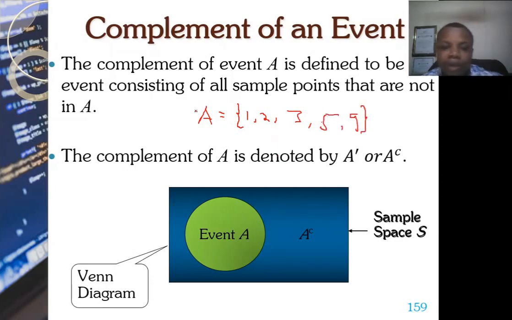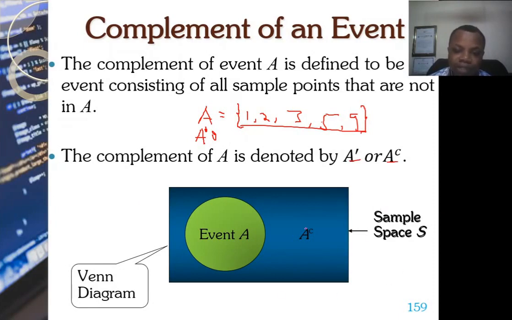And suppose that we are looking for the complement. Once we are talking about the complement, we could either denote it by a prime or just a complement as we have in here. This complement refers to all the elements that are not found in this set. We could have it as a Venn diagram as we have in here.